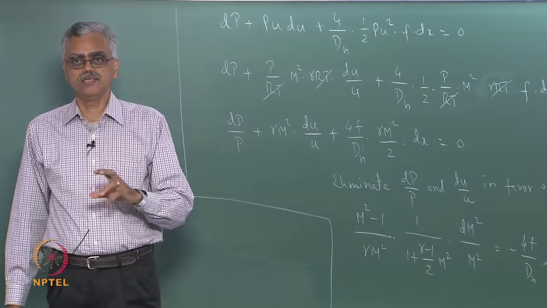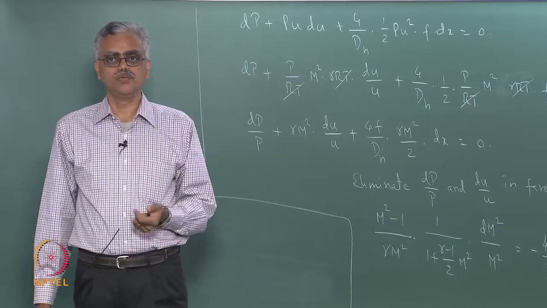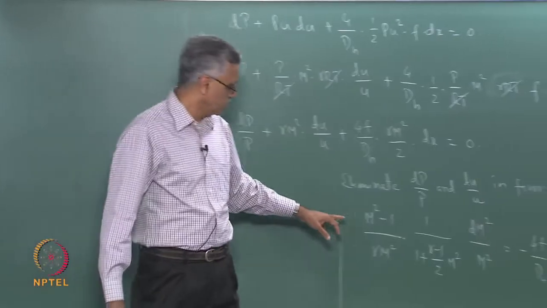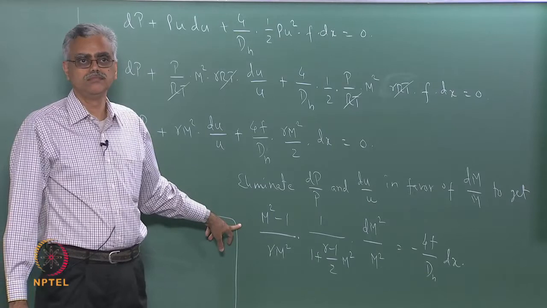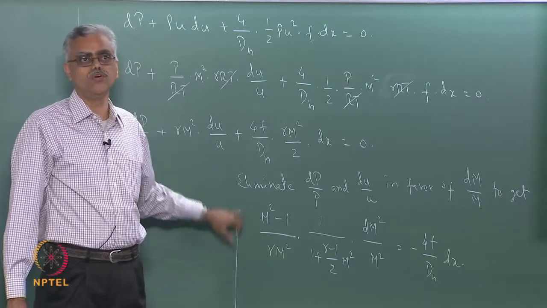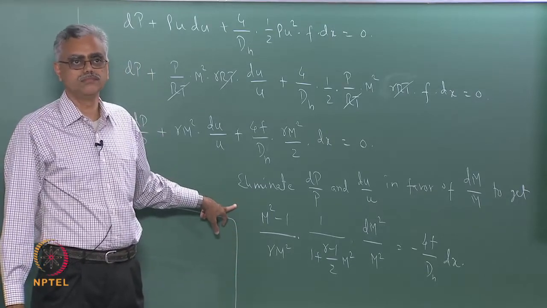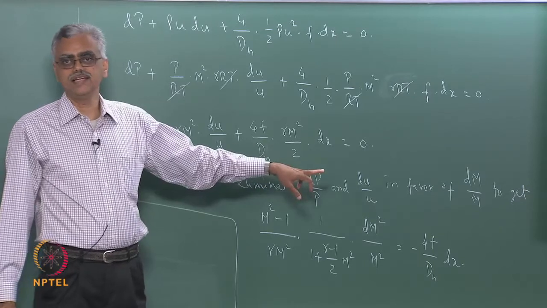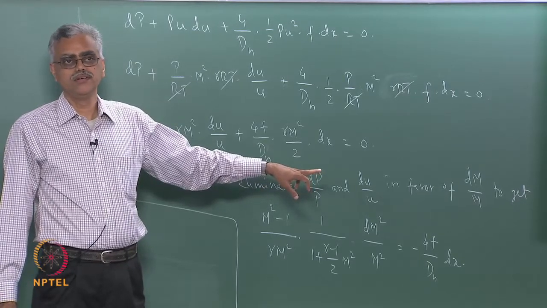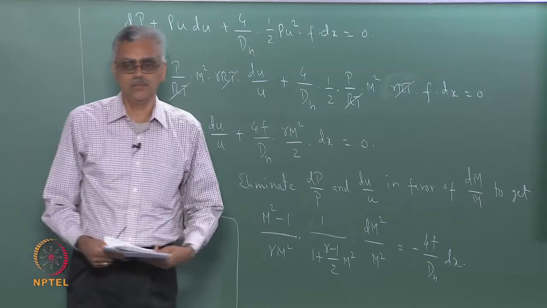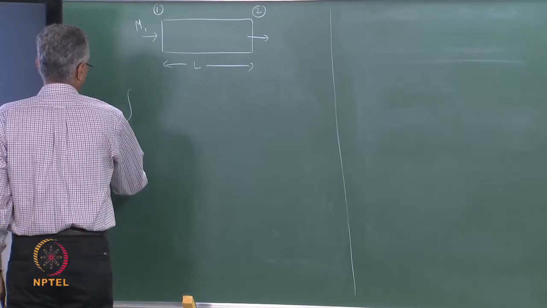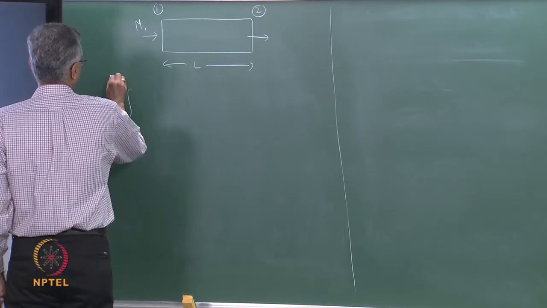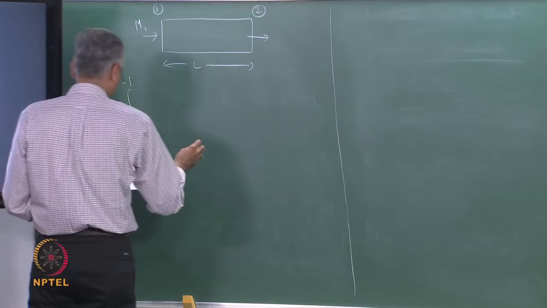So we avoid this by using the same trick that we used before. So what I am going to do is I am going to take a certain value of M1 and integrate from that M1 to M equal to 1. So the right hand side, if I do that, will give me L star corresponding to that Mach number, right. So let me write this down and then we will see. So the left hand side I am going to integrate from M equal to M1 to M equal to 1.